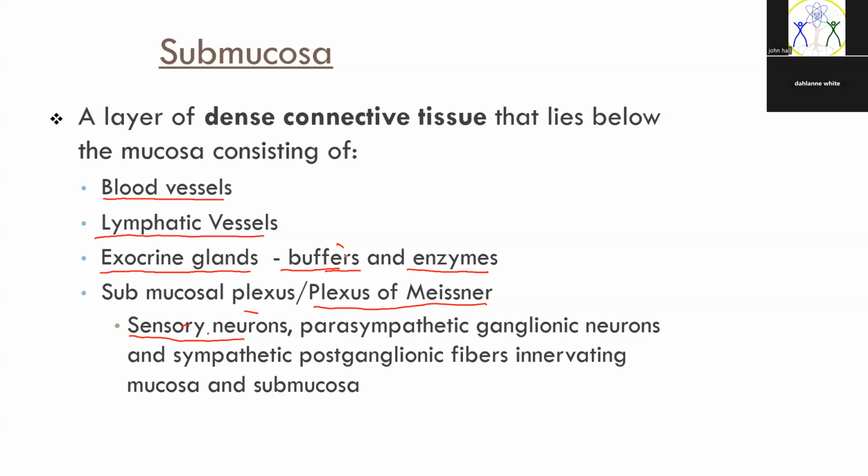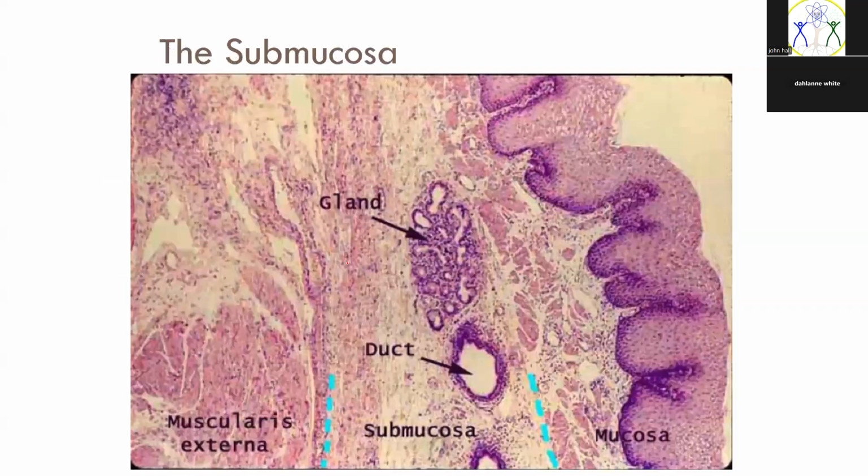If you activate the sympathetic fibers, postganglionic fibers, you decrease the secretion rate of those same glands, right? So remember, parasympathetic speeds things up in the digestive system, sympathetic slows them down in the digestive system only, right?